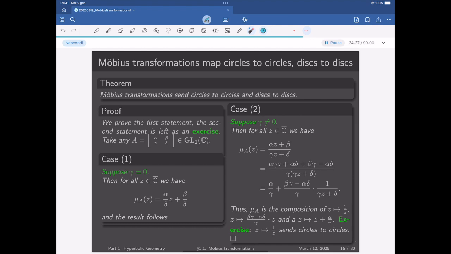So on the Riemann sphere, it's just that, and that sends circles to circles, and stereographic projection sends circles to circles. So 1 over z sends circles to circles.